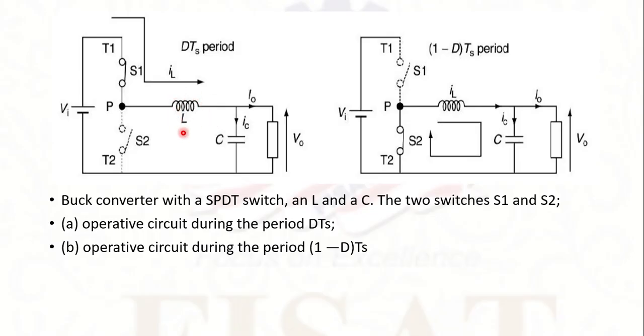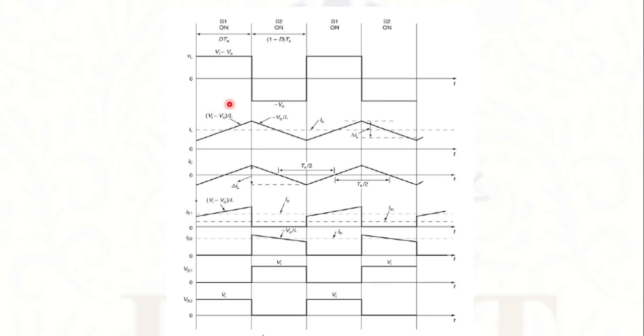And therefore the current through the inductor is given by VI minus VO divided by L.